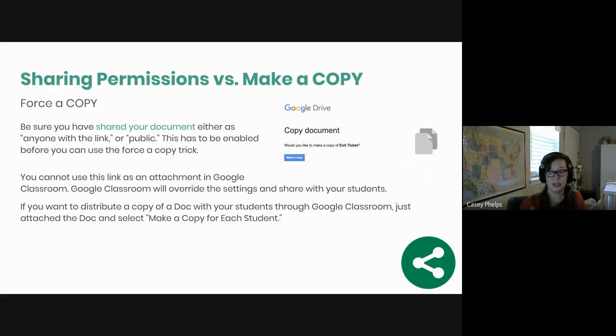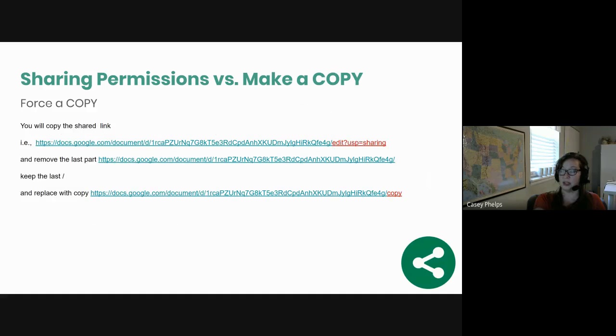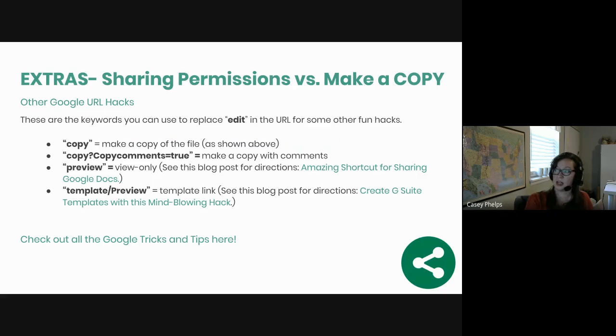The other option is to make a copy for each student in your Google Classroom when you're distributing to students. So this is the example. So if you take off that last edit, gobbledygook sharing, keeping the last slash and put the word copy, that's going to give you that forced copy. So I've gotten lots of questions about that. So I just want to make sure that that was in there.